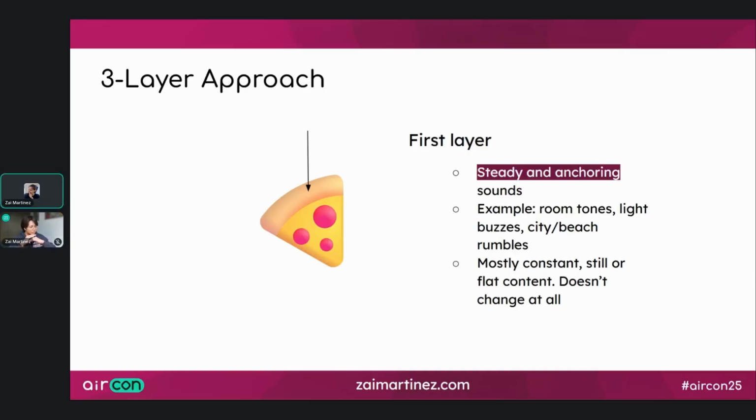They are just still, plain. They don't change at all. But they do give us information about, for example, the perceived size of the room, or the perceived distance of the city or the place.